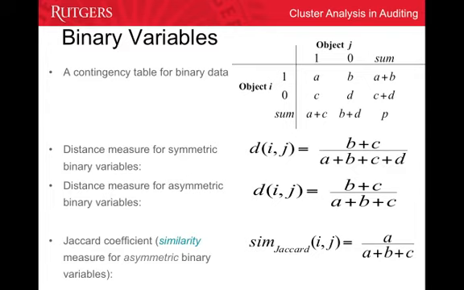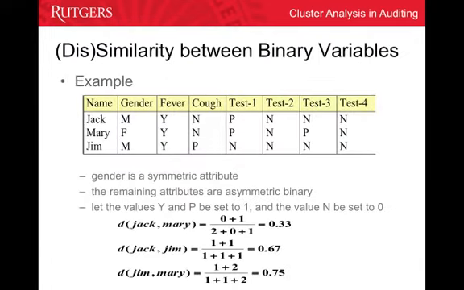We just use the number of attributes that have the value 1 in both of these two data objects, which is a. Because we don't care about the 0 value, we don't add d. So we just use a here, then divide by a plus b plus c to get the similarity of these two asymmetric binary variables. Then I'm going to show you an example for this calculation.